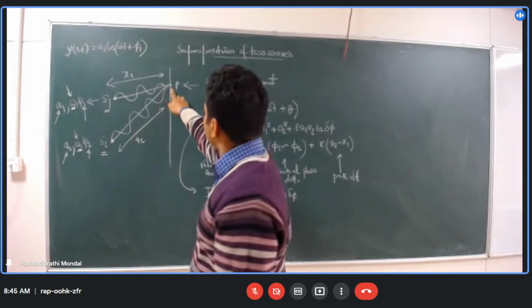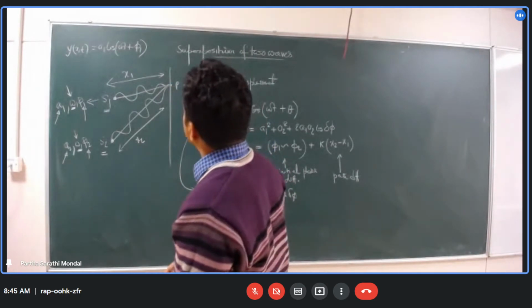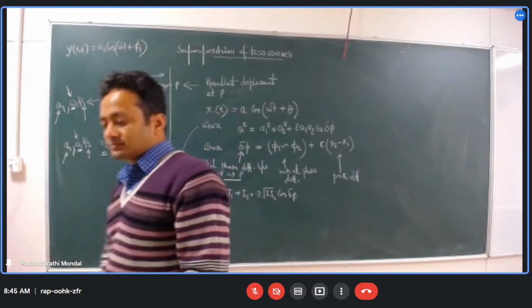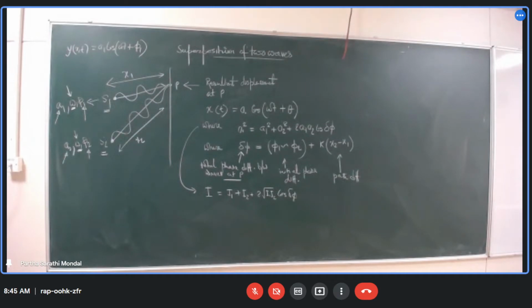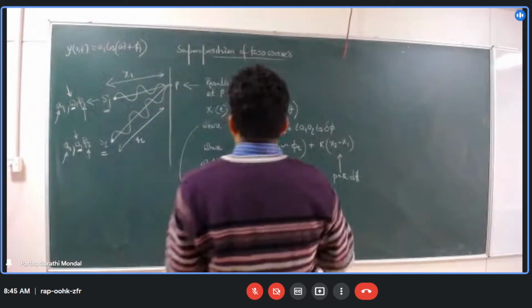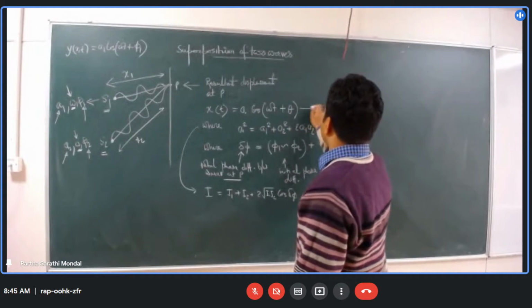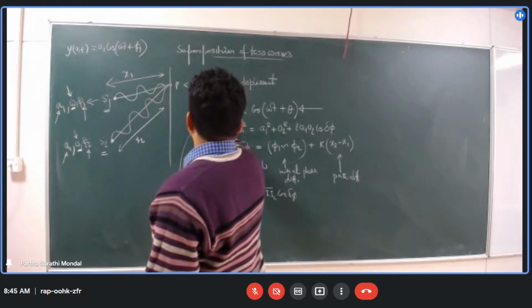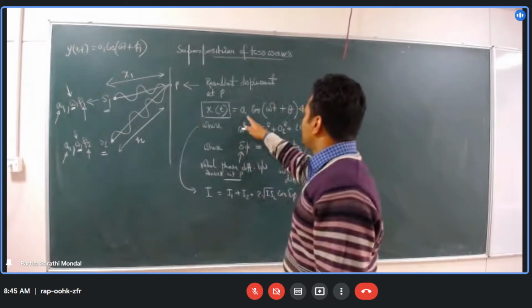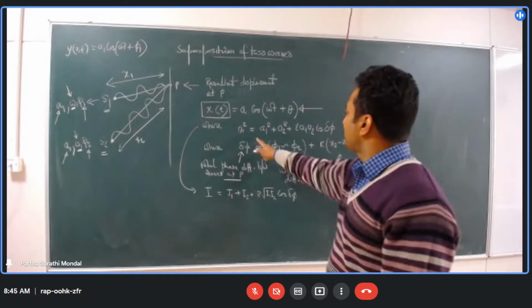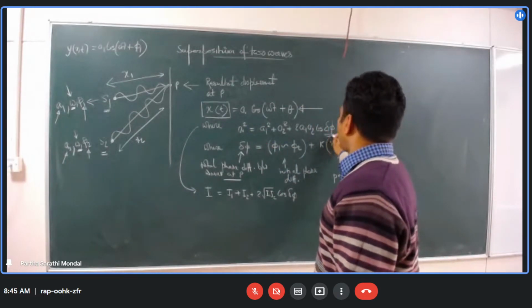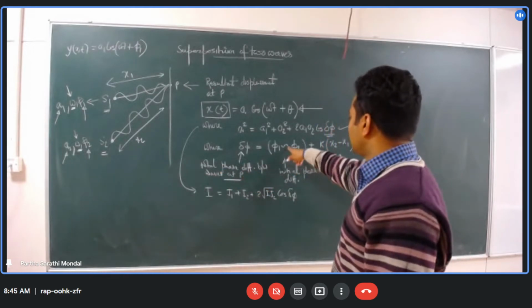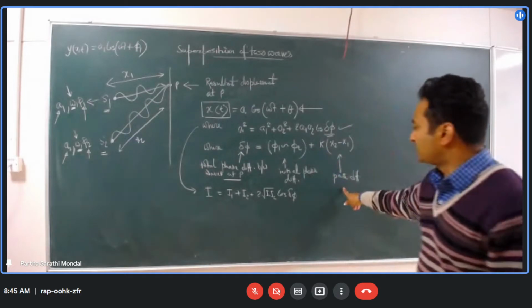Now we have to find out the resultant displacement due to this superposition of two waves coming out from the two sources. We have already calculated the form of the resultant displacement at x equal to p, where delta phi is the total phase difference between the two waves, which can be written as the initial phase difference plus the path difference.